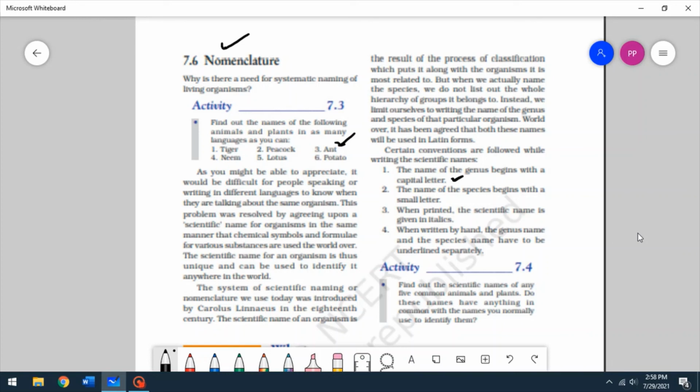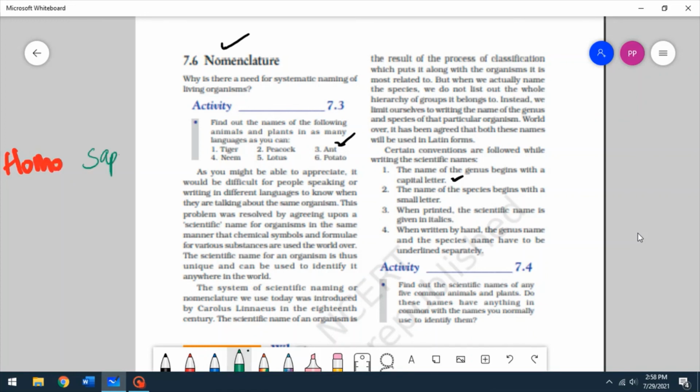I am going to take an example of human beings. We're called Homo sapiens. This is the name of the genus and this is the species name. Let me use different colors for it so you can identify easily. Homo, and then sapiens.